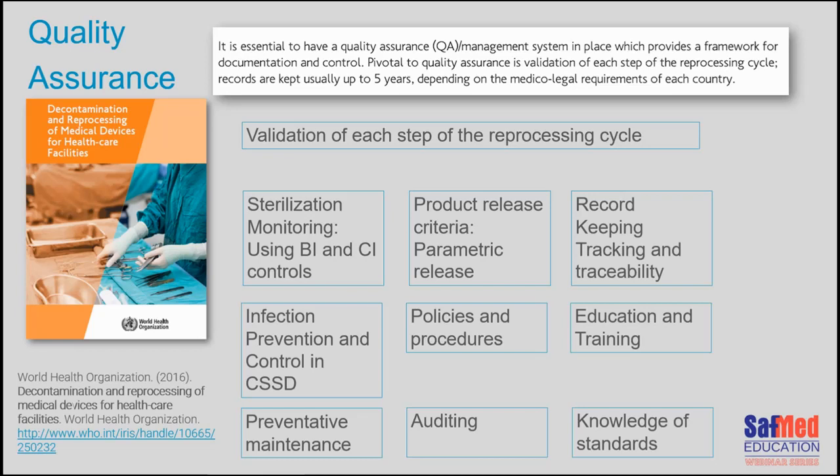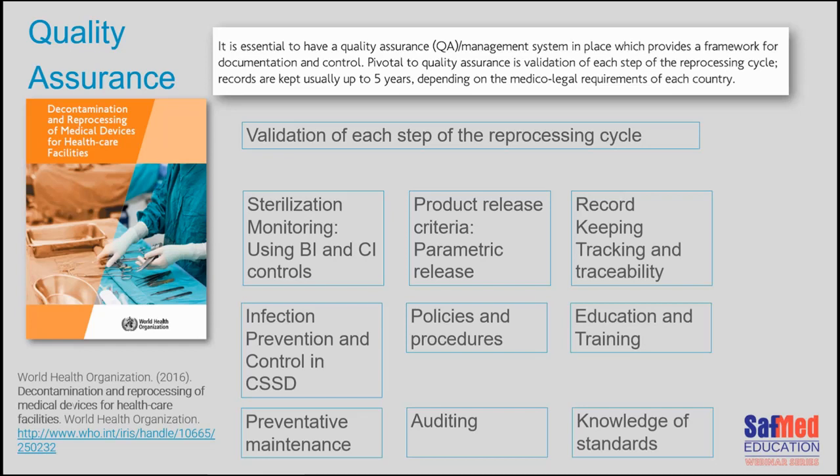What does validation mean? As I said, this is a process. It's not just one aspect. It's a multitude of things that we need to take into account. It is sterilization monitoring, so using our BIs, using our CIs. It is the product release criteria, so what do we need to do to make sure that our product is safe before we actually release it from the CSSD?